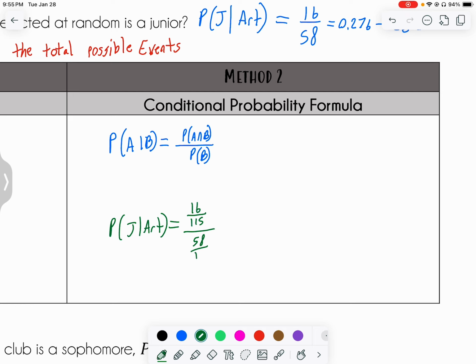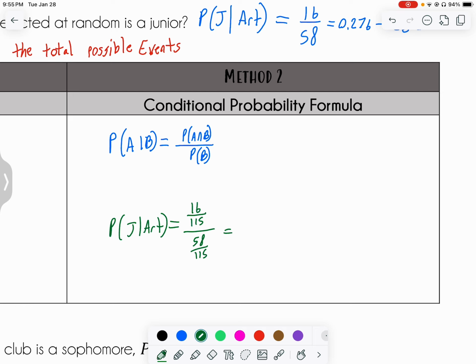Notice that the denominators in each of these smaller fractions are the same. That'll be really useful to us in just a second, but we'll talk about it after we see the calculation.